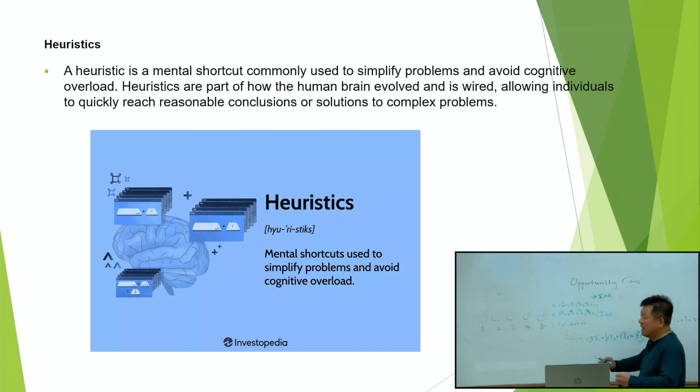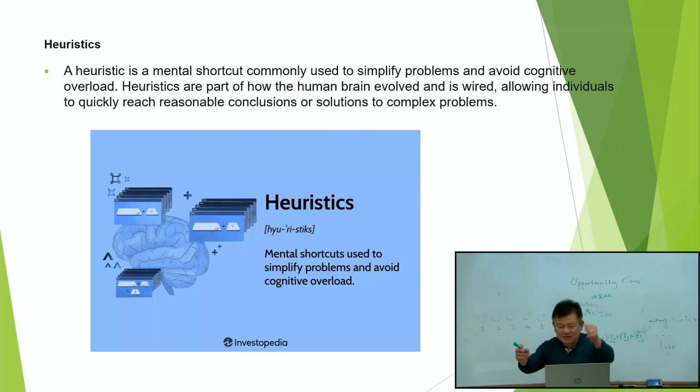So I will buy my car with only 3 factors: color, design, and money. That's it. That is the heuristic thing. It very much simplifies the problem because it avoids cognitive overload. There are a lot of factors, but I choose only 3. This style we call heuristics.